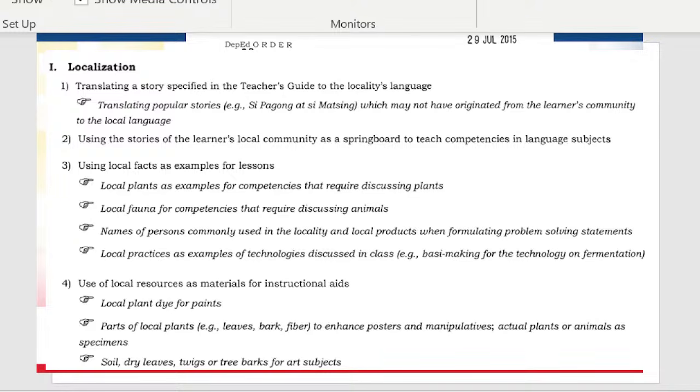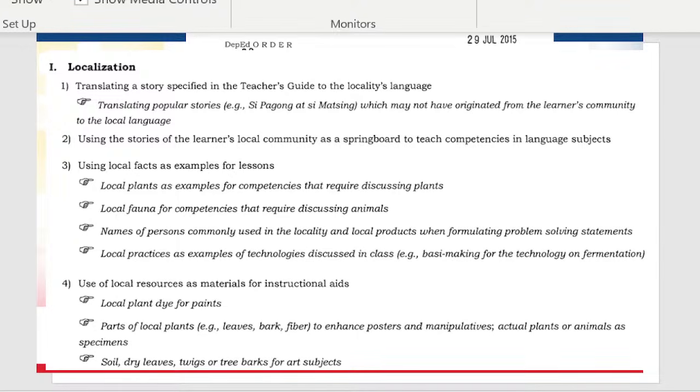Is an example. Number 3, using local facts as examples for lessons. The local plants in the vicinity of your school.